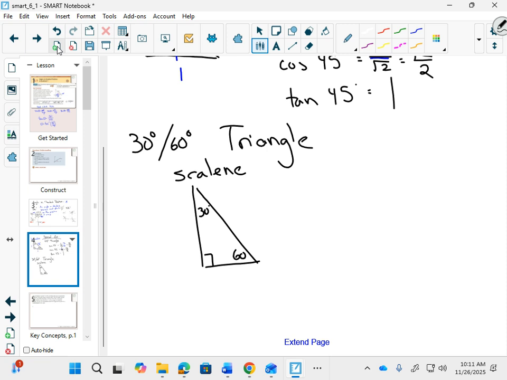They don't have very many special properties. So this poor triangle is a little bit sad because, unlike the isosceles, it's like I don't have two sides that are the same. All my sides are different. All my angles are different.